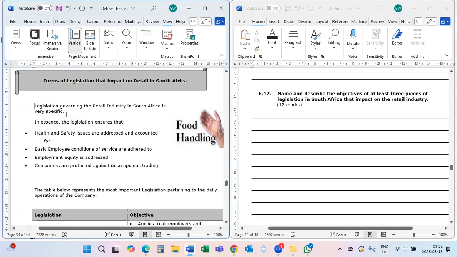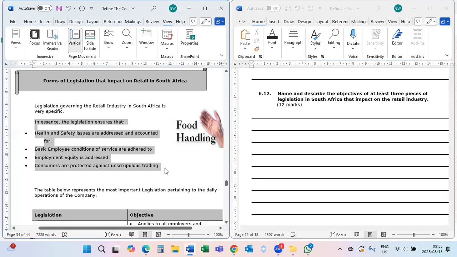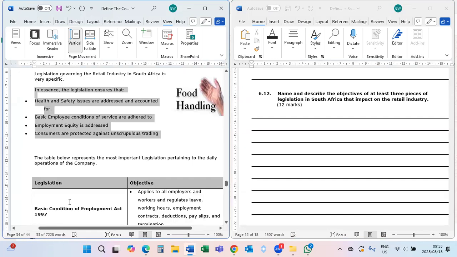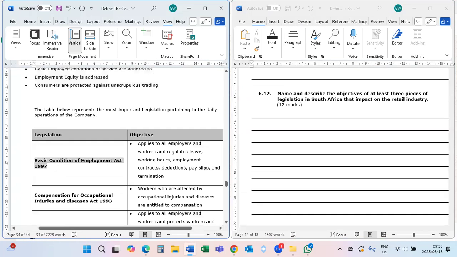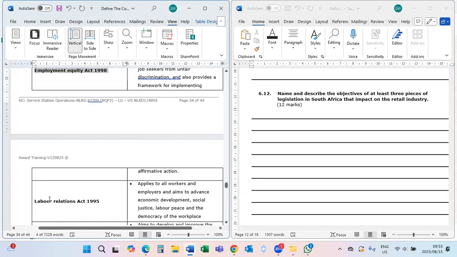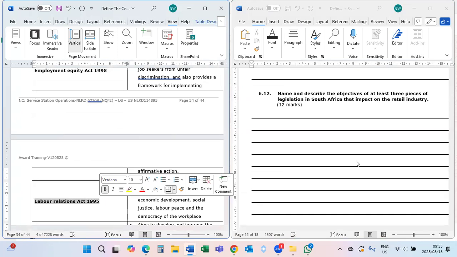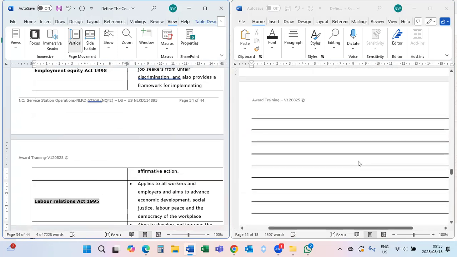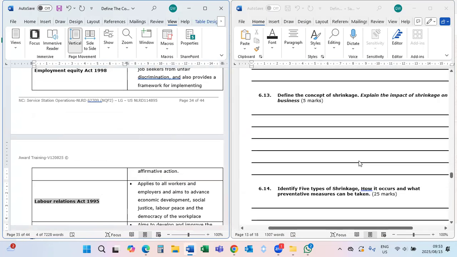Here are the objectives. In essence, I just need you to list those objectives there. And you could bring in maybe one or two of these to say the Basic Conditions of Employment Act, Employment Equity Act, and the Labor Relations Act. Just list three of them there to show that you understand the types of legislation that we have in South Africa to protect people and employees.